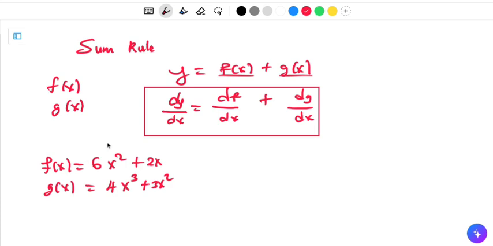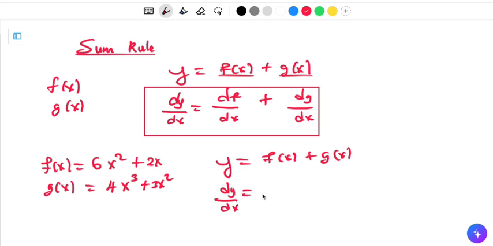Now we want to use this formula to find the sum using the sum rule. So what are we going to do? We are finding y being equal to f of x plus g of x in terms of the differentiation. dy/dx is going to be equal to the differential of f. So what is the differential of f?